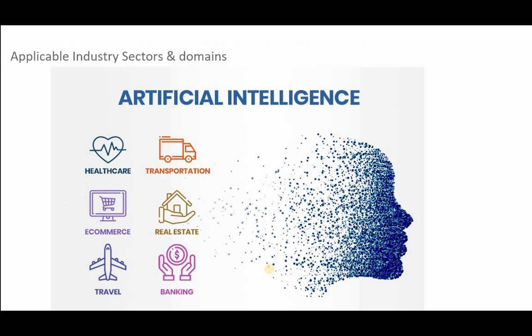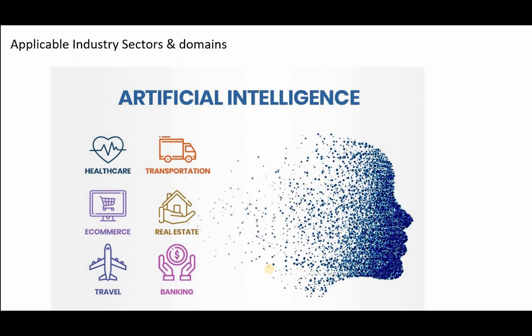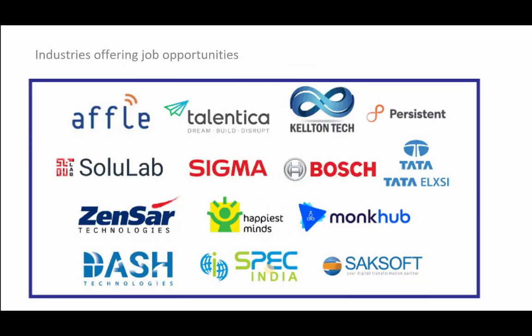Applicable industries: as I mentioned earlier, artificial intelligence is the umbrella under which computational intelligence falls, and currently healthcare, transportation, e-commerce, real estate, travel, and banking are the main sectors where AI and CI are used.